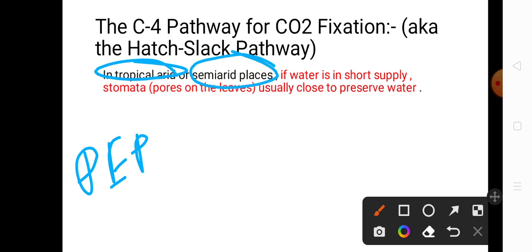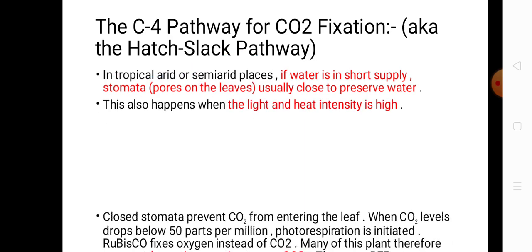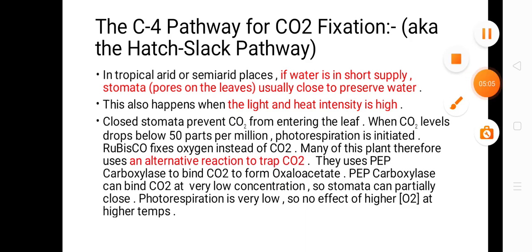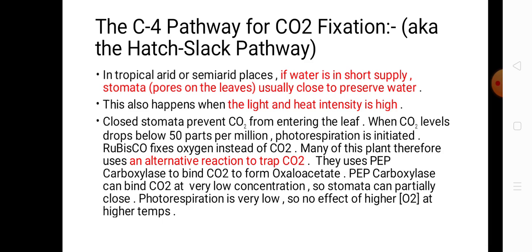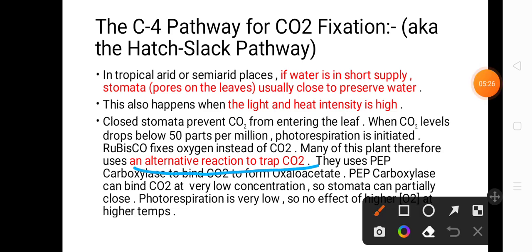The concept is the same: to prevent the loss of water, stomata are closed, and that is why the carbon dioxide level starts dropping, and as a result RuBP carboxylase starts fixing O2, that is photorespiration. But it reduces the efficiency of carbon dioxide fixation, and that is why the plant tries to minimize photorespiration with the help of another pathway, which is the alternative reaction to trap CO2.